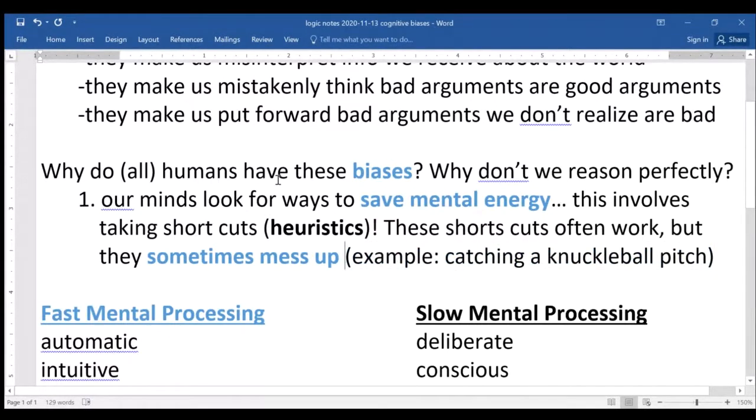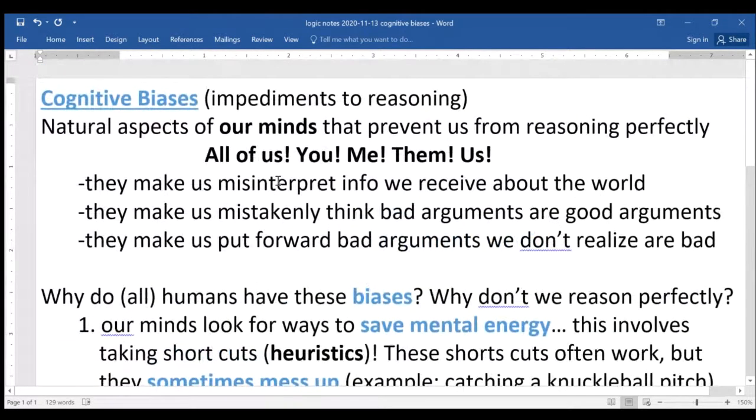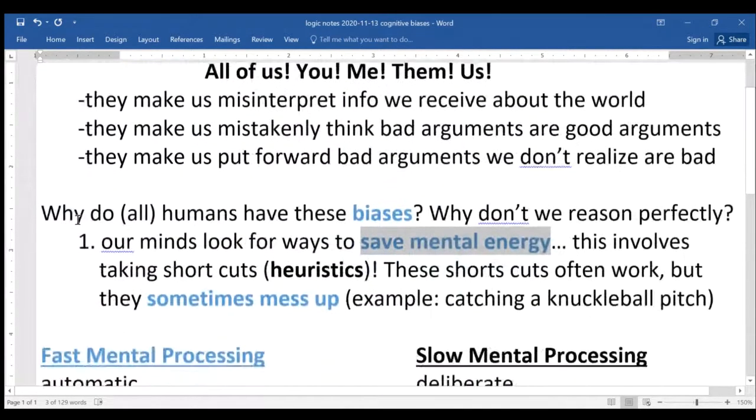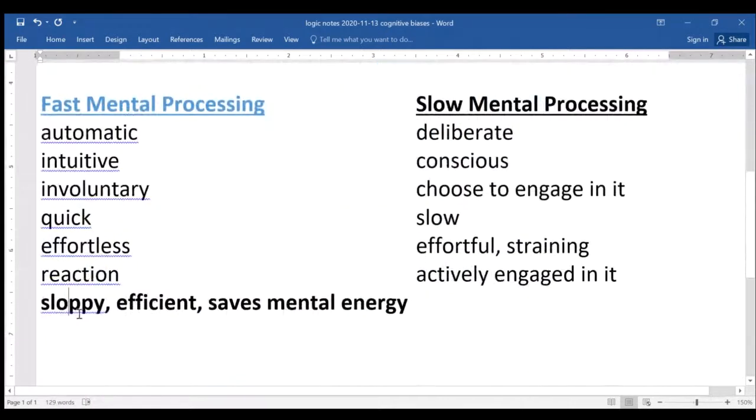So a lot of what we're going to see when we discuss all of these cognitive biases throughout the next few weeks of class are ways in which our mind is trying to save energy, trying to be lazy. Another way of thinking about fast mental processing is that it's this sloppy and efficient thing, but it's also just plain old lazy.